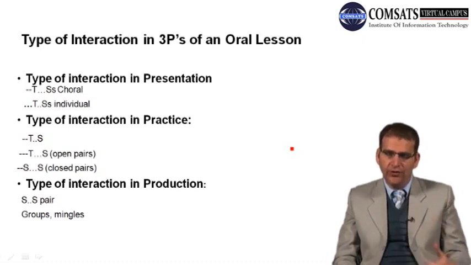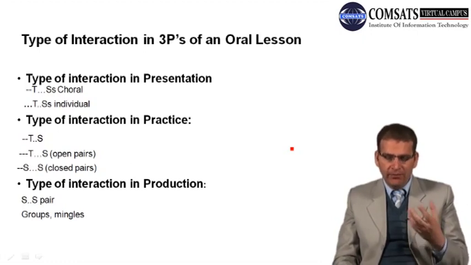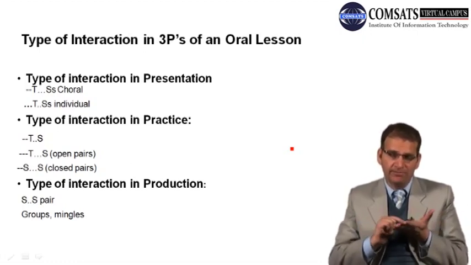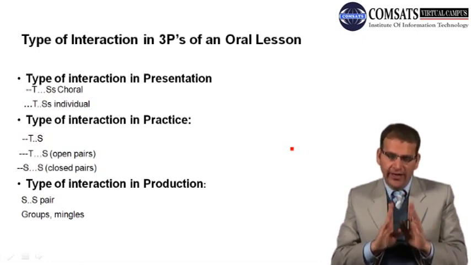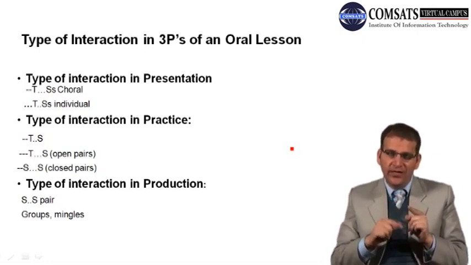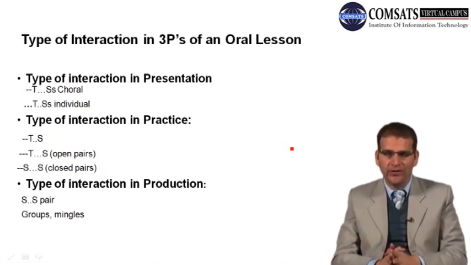So this is the presentation stage, interaction in chorus or teacher to student individually. In the practice stage, again it can be pair work, it can be teacher to student. The type of interaction can be between teacher and a student, fine, or between teacher to student, open pairs, or between student to student, closed pairs.